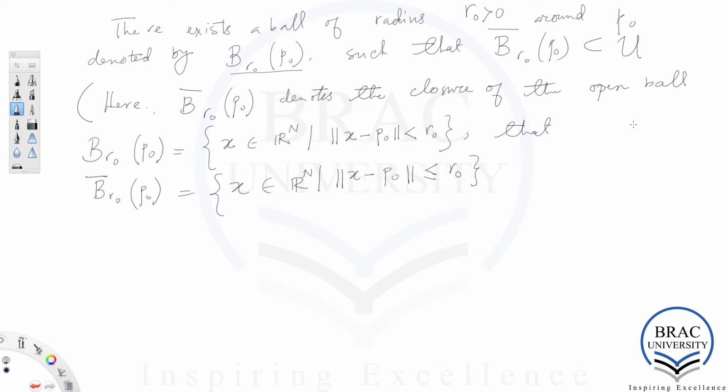So intuitively speaking, if this was the open ball centered at p0 of radius r0, include the limit points now, and this is the closure. If you include the boundary of the ball, that becomes the closure.